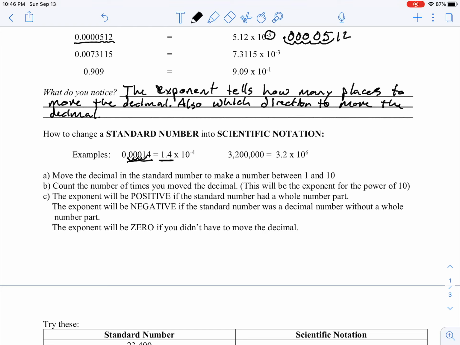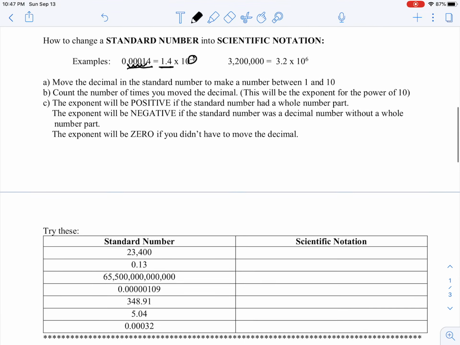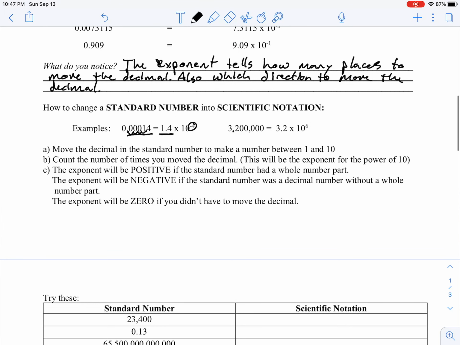So 1, 2, 3, and 4, and we would have to move it left to get back there. So our exponent is negative 4. Same thing here, all they did was put the decimal in between the 3 and the 2 here. And then to get back where we started, we'd have to move our decimal 1, 2, 3, 4, 5, and 6 places, just like the exponent there tells us.